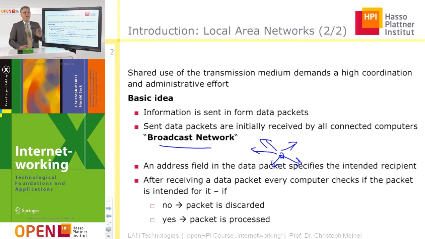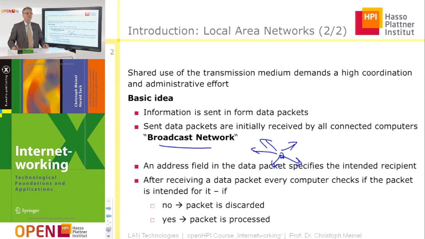So a common characteristic of such local area networks is that these networks are broadcast networks. Packets are sent to all the other computers connected to the network, and then each of these computers checks by means of an address check whether it is the receiver of the packet or not.